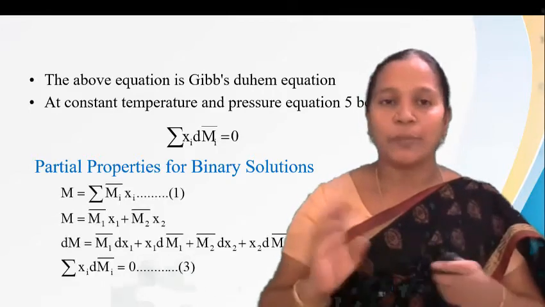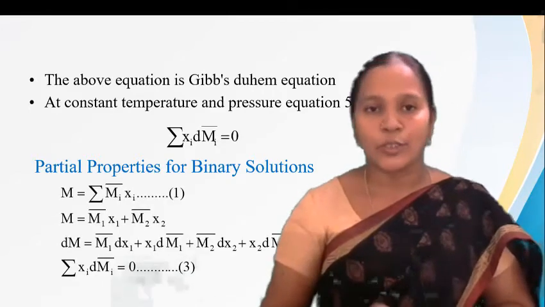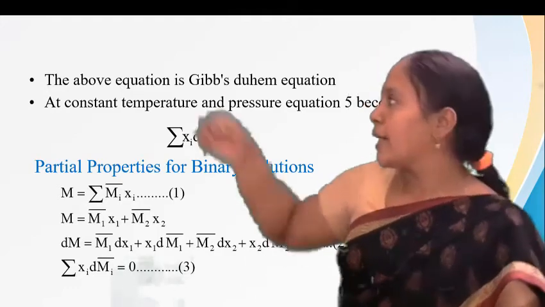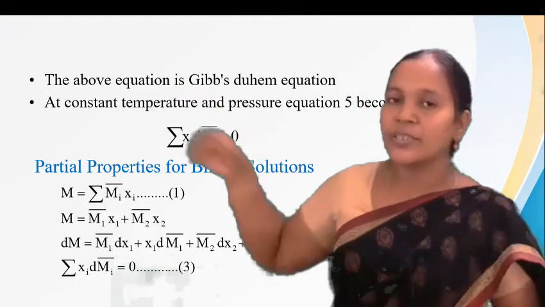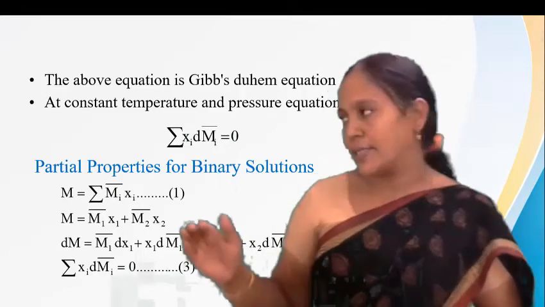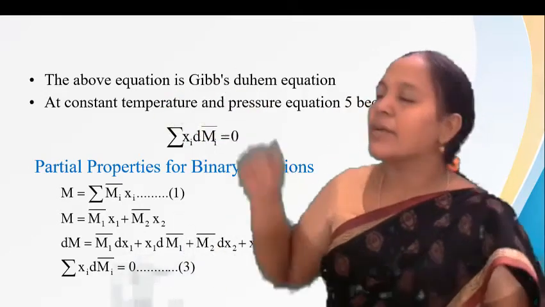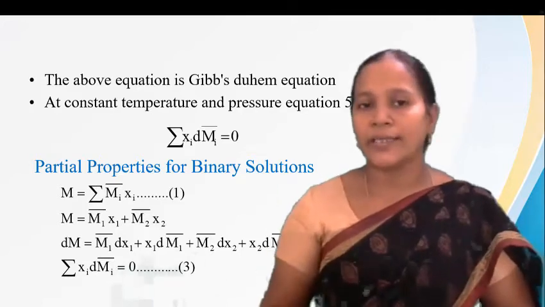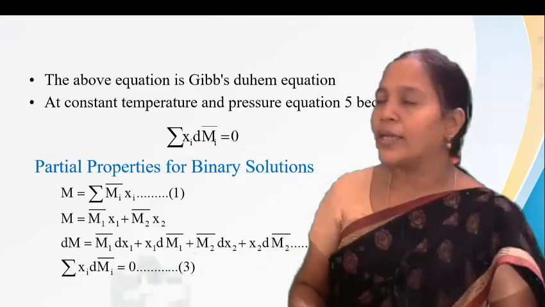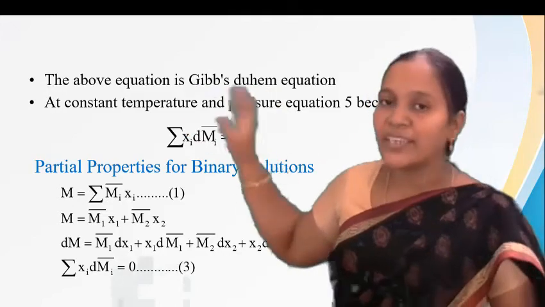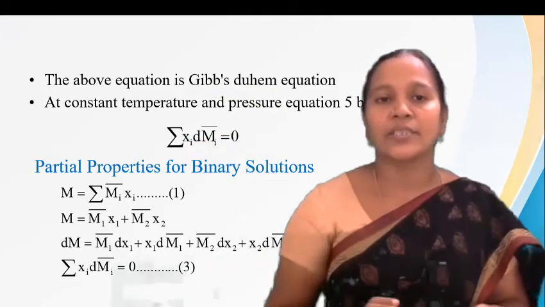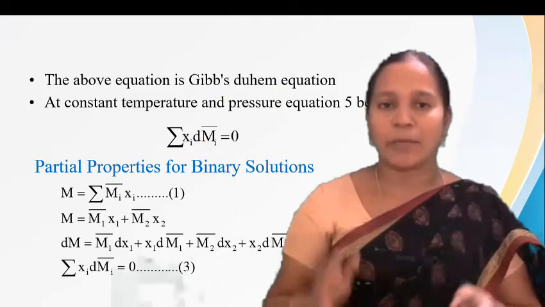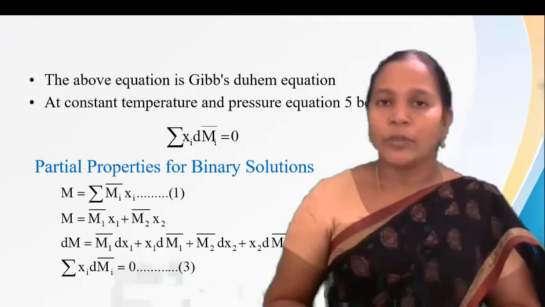Now coming to partial properties for binary solutions. Here consider M is equal to sigma Mi bar xi, which is indicated with equation 1. Equation 1 is called the summability relation. Applied to binary solutions, M is equal to M1 bar x1 plus M2 bar x2.